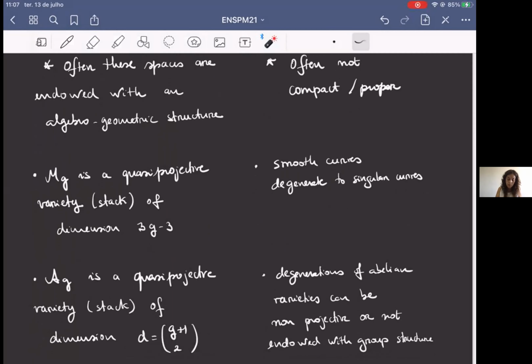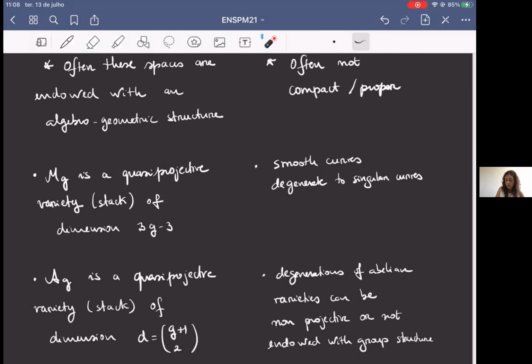Remember, M_g is a quasi-projective variety, and actually I will be thinking about M_g as a stack. It has dimension 3g minus 3. And for A_g, this is again a quasi-projective variety or a stack of dimension g plus 1 choose 2. So this is on the good side: you can work with them as varieties. But the problem is that they are not compact.